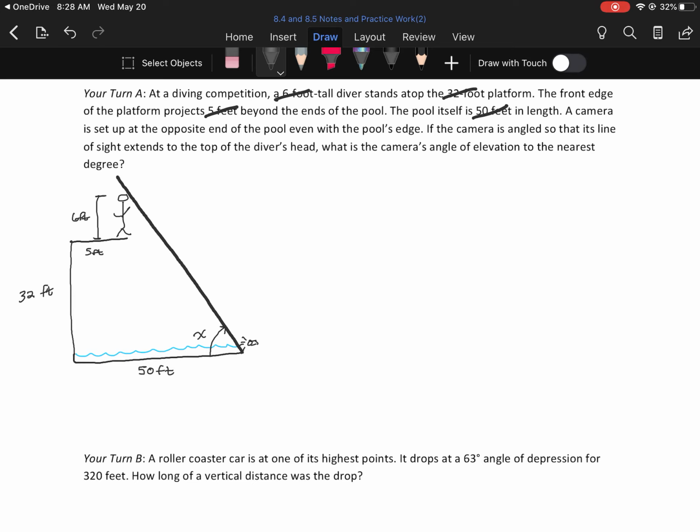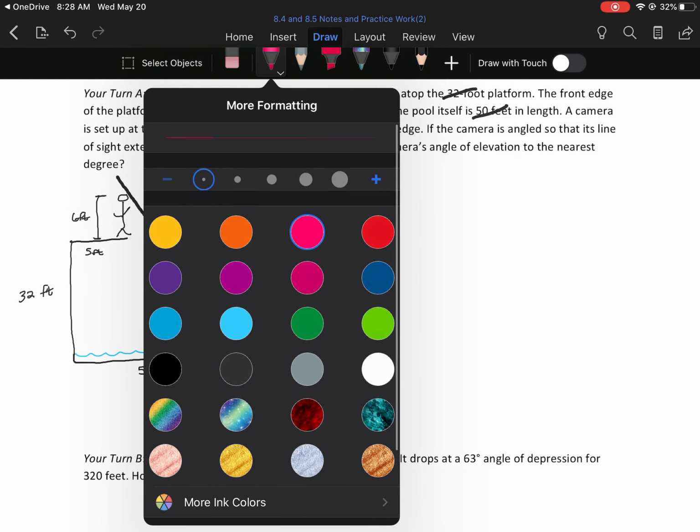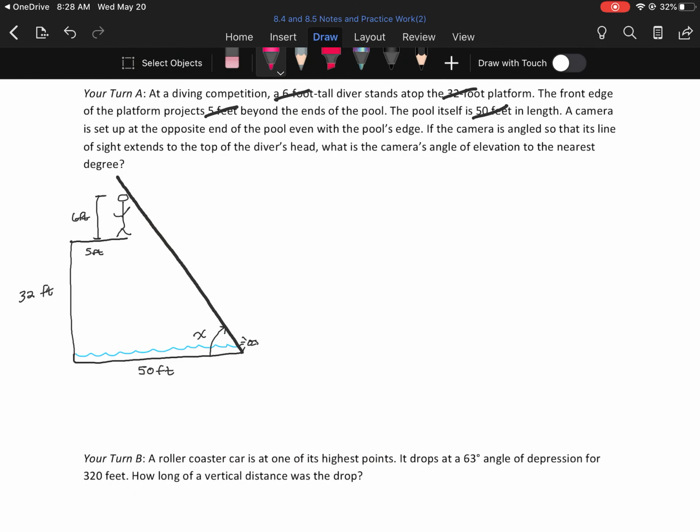All right, so if I were to make a triangle now, my triangle would look like this. All right, and this right here is a right angle because we always assume that something vertical, especially like a person or in this case the platform, will be perpendicular with the ground even though mine's not completely perpendicular.